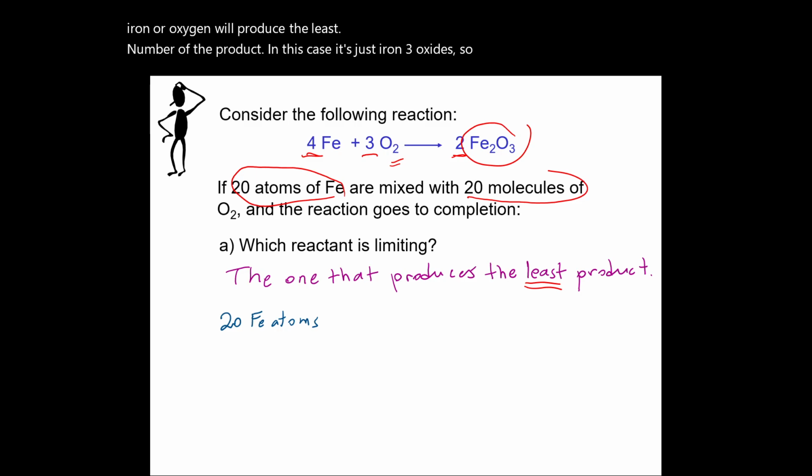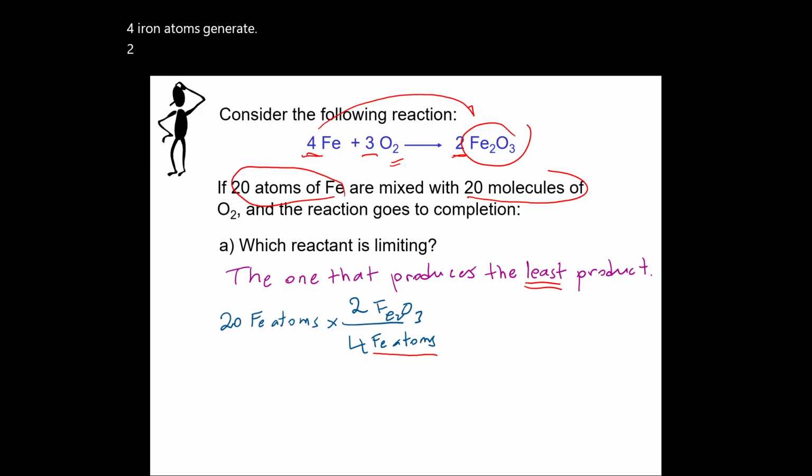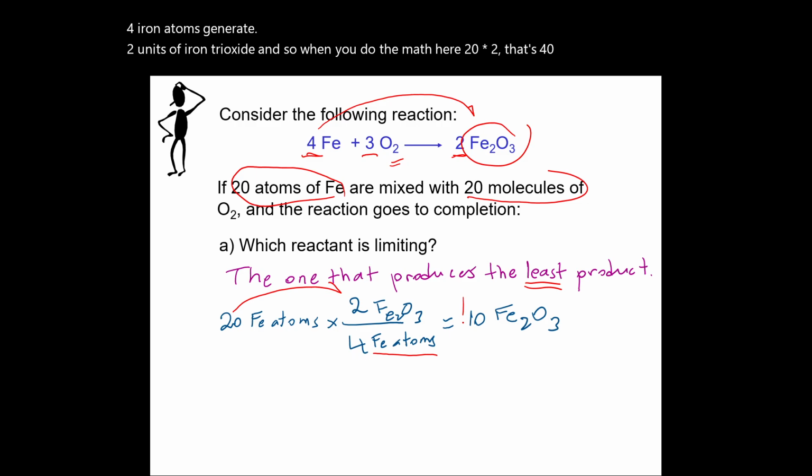We start with 20 atoms, and according to the balanced equation, 4 iron atoms generate 2 units of iron trioxide. When you do the math here, 20 times 2 is 40, divided by 4 is 10.